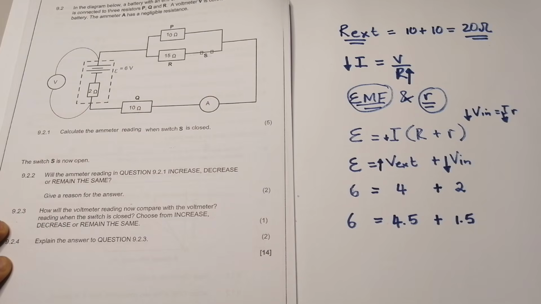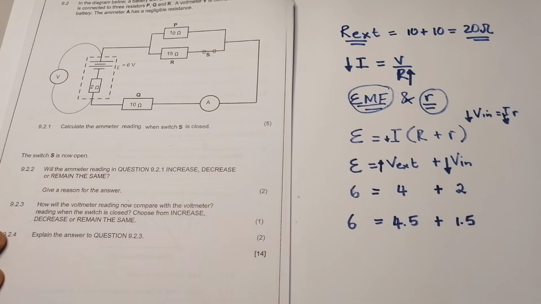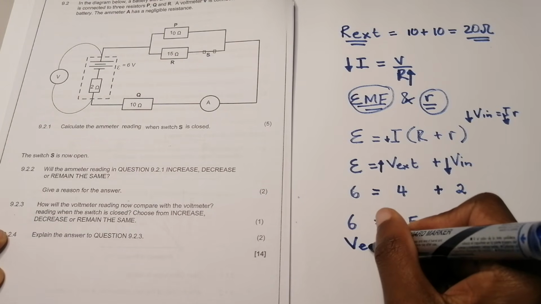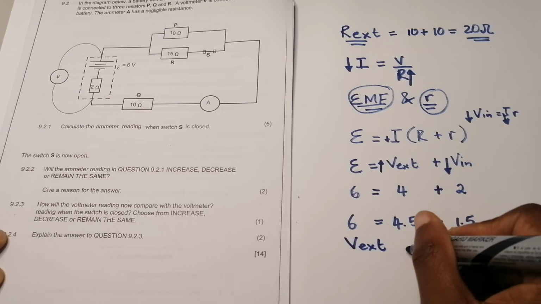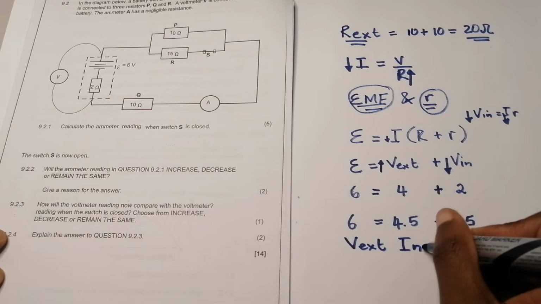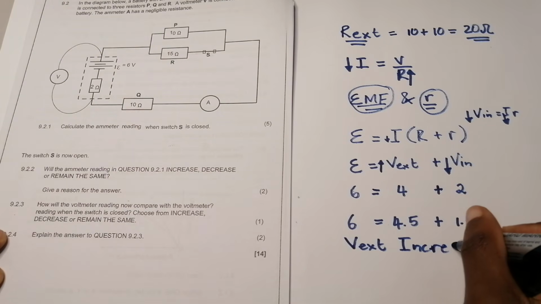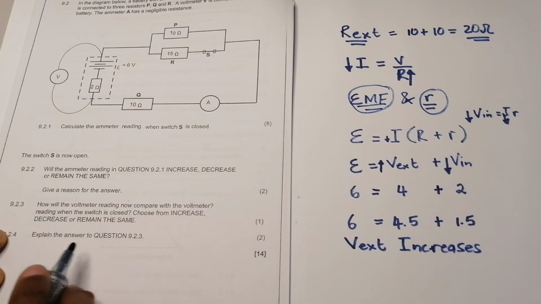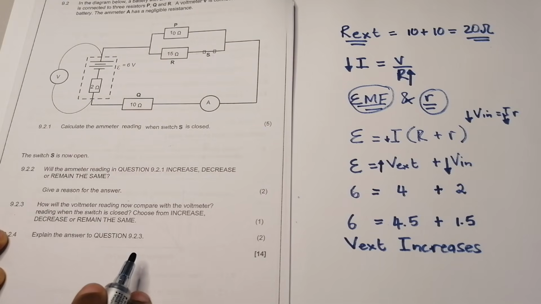Okay, I know that sounds like a mouthful. They said will it increase, decrease, or remain the same? So V external will actually increase. And obviously they want us to explain our answer to 9.2.3.